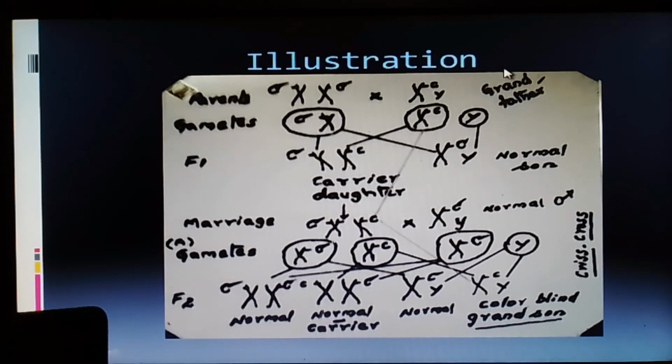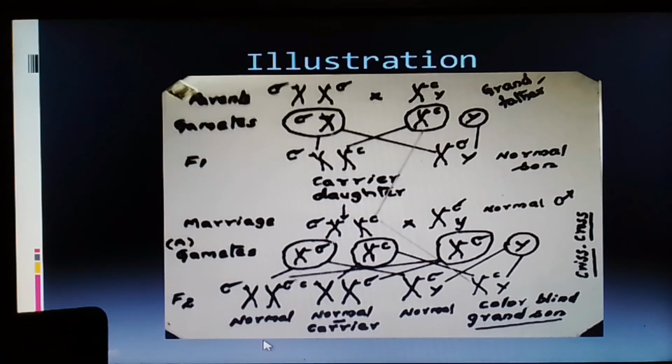So the character of one male will be passing to the grandson through his daughter, not through his son, not straight from male to male that way. Male to female, then from female to male. So this way you can find it different from the passage of general somatic characters.